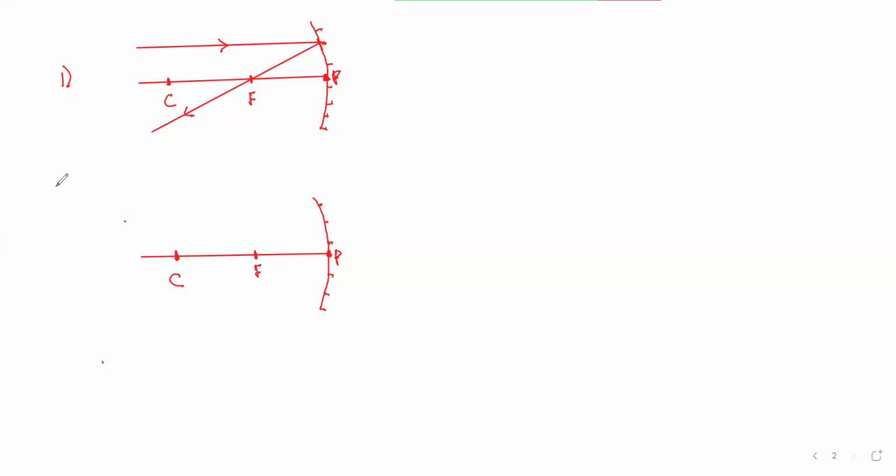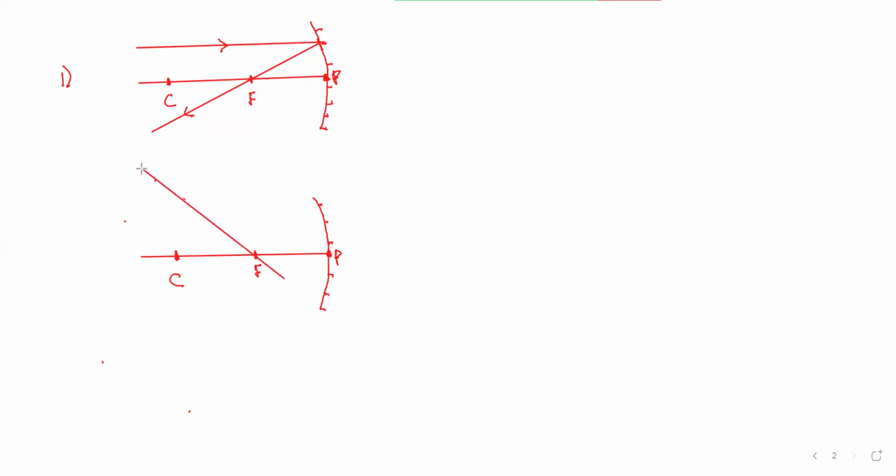Okay, so the second rule, which is the reverse form of the first one: a ray of light, wherever it's coming from, it may come from up here. It must always come from the object.